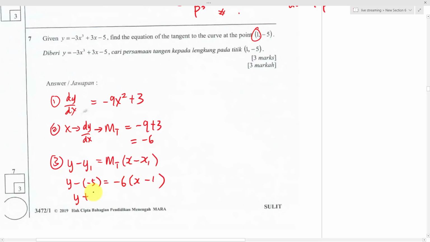So y plus 5 equals negative 6x plus 6. Then y equals negative 6x minus 5 plus 6... done. Basically, you can just follow my steps if you want to find the equation of a tangent. Actually, it's quite easy, so you shouldn't have any problem because this question is quite easy.